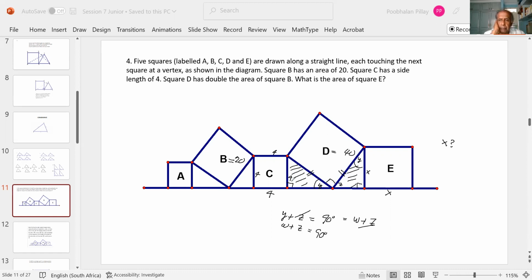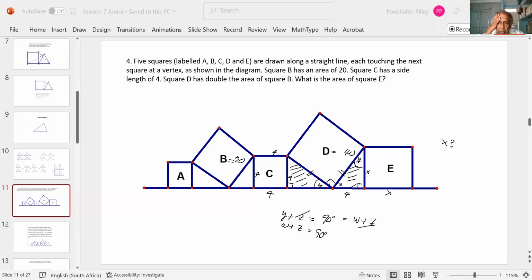So therefore, this side is equal to that. But we know that this side is 4. So one of these sides is 4, and the side which is 4 is the side in this triangle which is opposite Y. It's squared off. So this is 4. But now we know the side here because the area of this is 40.